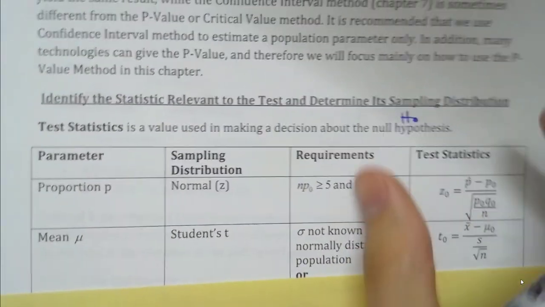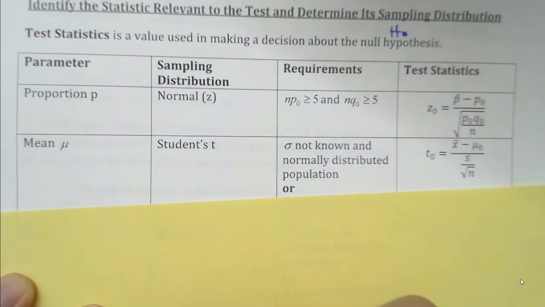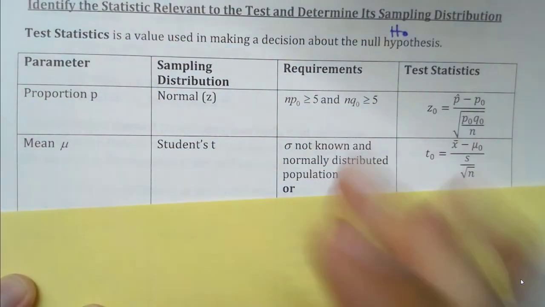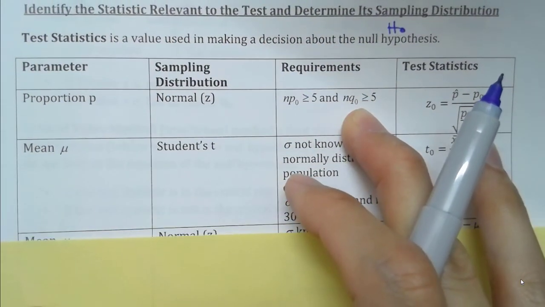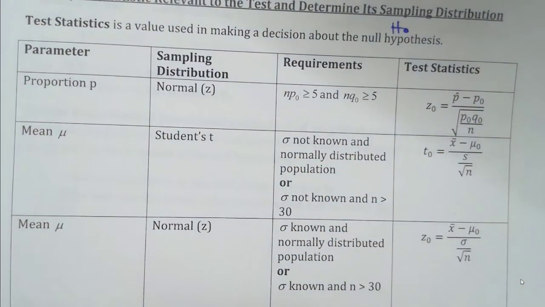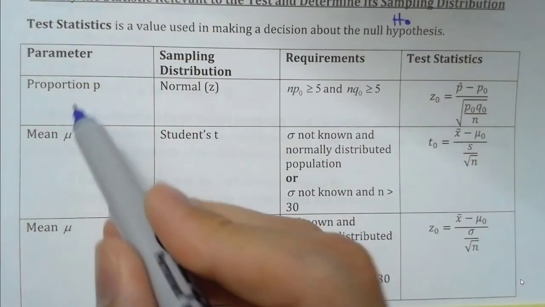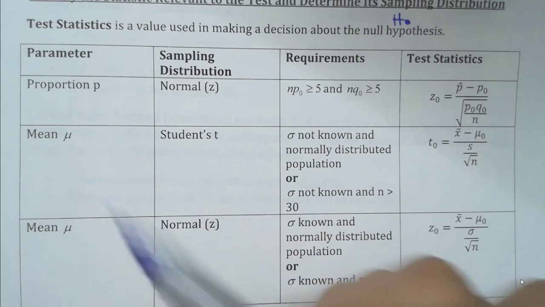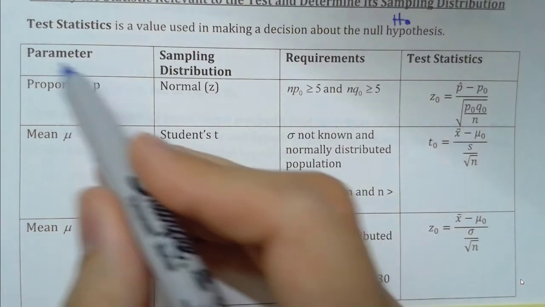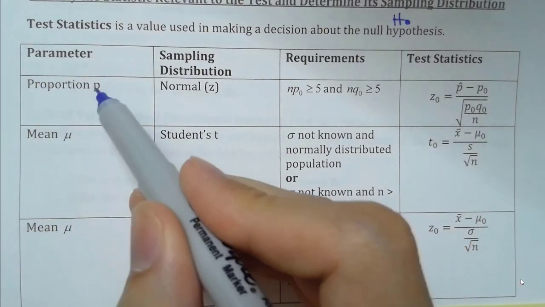So we have quite a few of the parameters that we saw so far. You can have the proportion, or you can have the mean, right? Proportion is p. We are talking about the population proportion, so it's p.